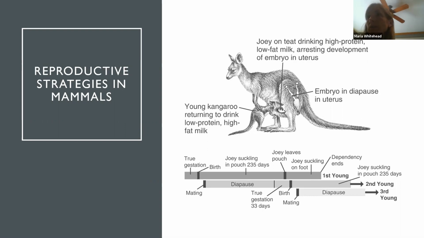The shortest gestation period is about 12 days, and the longest is about 22 to 24 months. And the age of sexual maturity really is variable. We see some voles that reach maturity within 20 days, and then species like the elephant and humans where it might take 15 years.